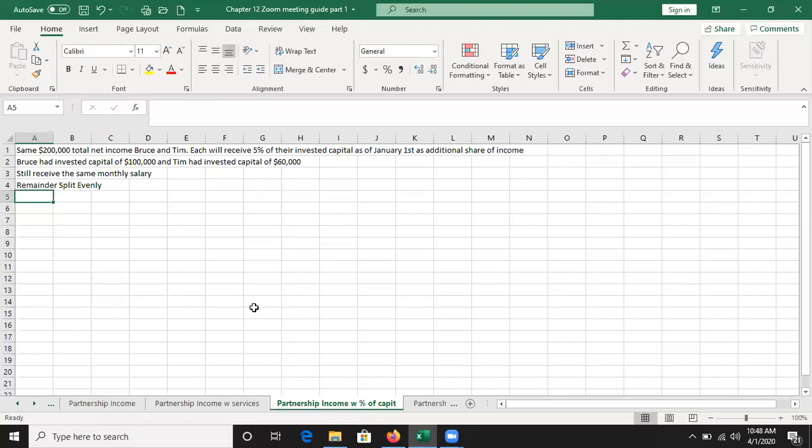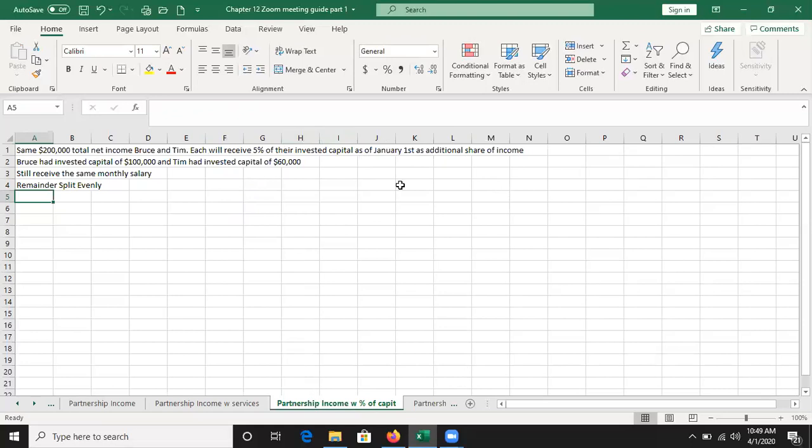So in a partnership agreement, they could say, based on whatever your capital balance was in the beginning of the year, you will receive this percentage as an extra share of net income. So in this case, it says each partner will receive 5% of their capital balance. That's what this means. Their capital balance from January 1st as an additional share of income.